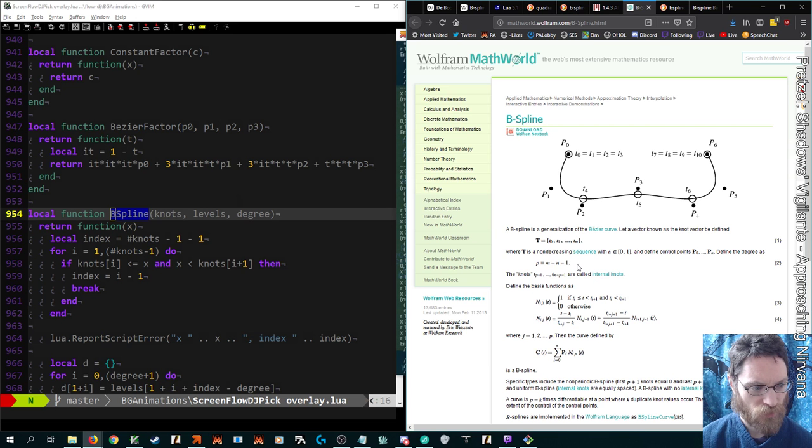So if we have 5 points, no, 7 points minus 5 points minus 1, that's degree 1. We can't just arbitrarily add extra knots without changing the degree.